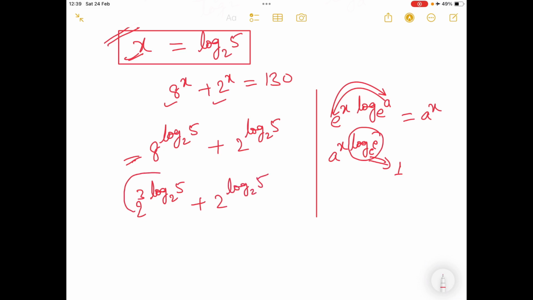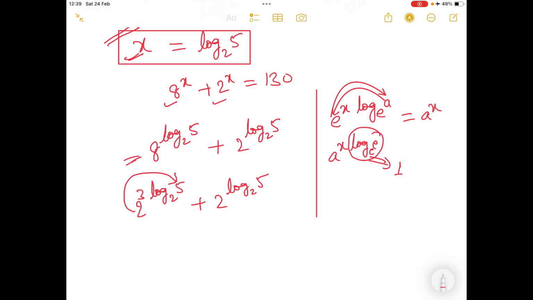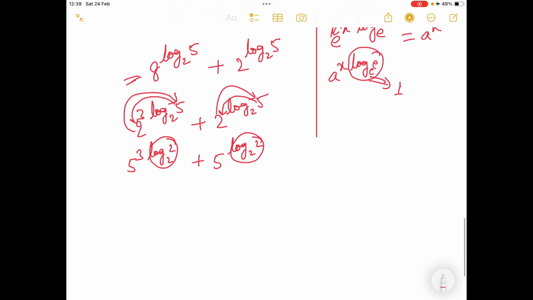We will just replace 2 with 5 and 5 with 2, and here we can also replace 2 with 5 and 5 with 2, then it will be equal to 5 to the power 3 log 2 base 2 plus 5 to the power log 2 base 2, and log 2 base 2 is equal to 1. Both will be equal to 1.